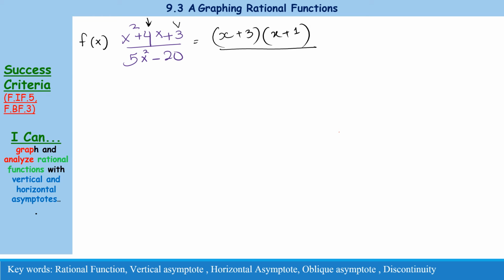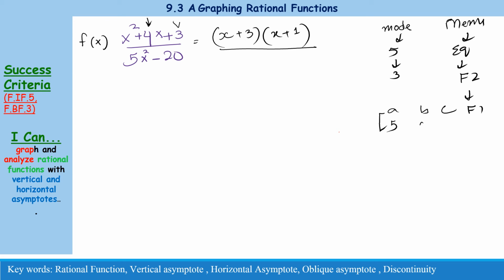If you use the scientific calculator, you write mod 5 and 3, or if you are using the graphic calculator, you go to the menu, equation, F2 and F1, and you write A, B and C. For A you enter 5, for B 0 and for C 20.